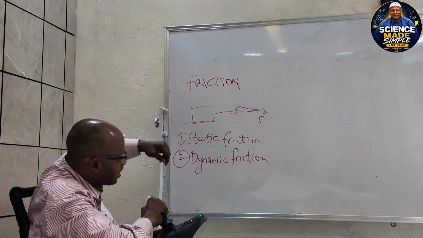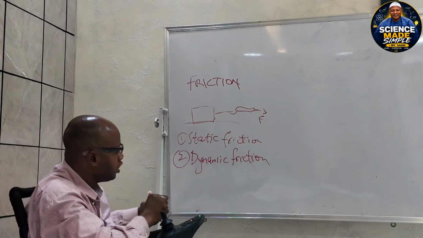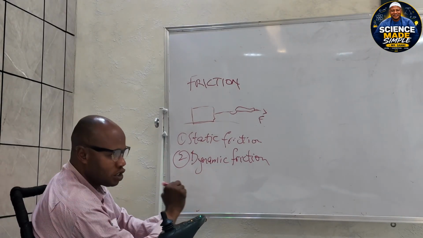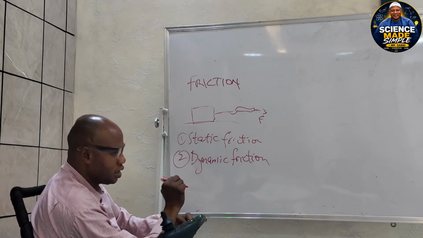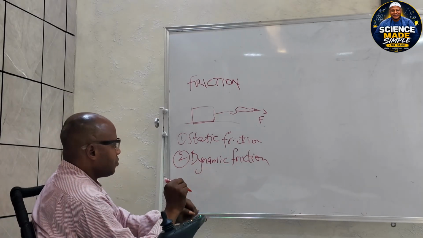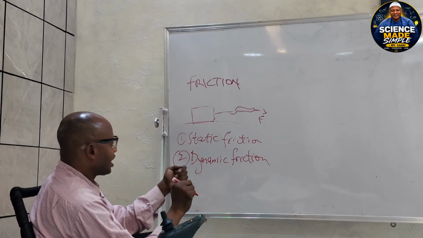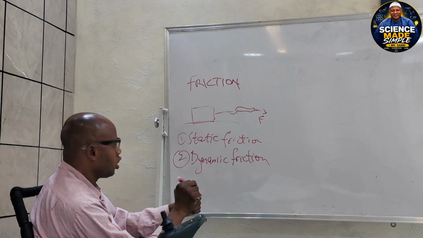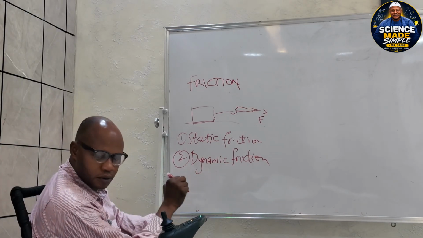That is the maximum force required by the body to overcome between the surface and the body before it can be moved. That static friction is also called limiting friction.